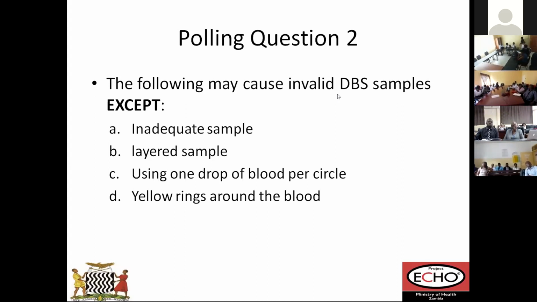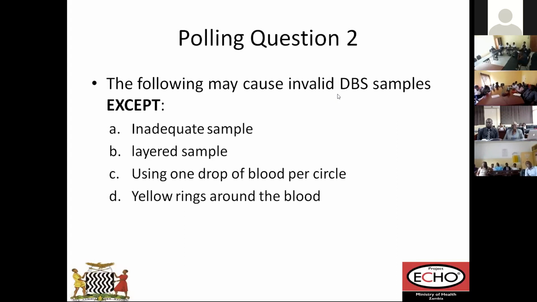If you are applying blood more than once, you get a layered sample, again, it may be sent back to you as not being able to be tested, so it will be invalid. You need to make sure you get 1 good drop per circle instead of having several layers of drops of blood. So that option is the one I think most of us have chosen.